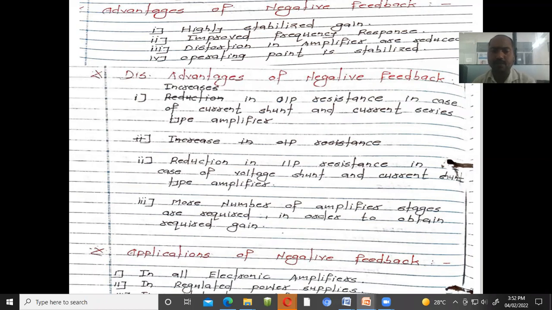This will happen. So in case of current shunt and current series, both things, that is your input impedance and output impedance, should increase. Note this. If the input impedance increases, it has no effect. But if your output impedance increases, it has an effect. If you use negative feedback, your output impedance will increase. Note this, whether it is a current shunt or a current series amplifier.